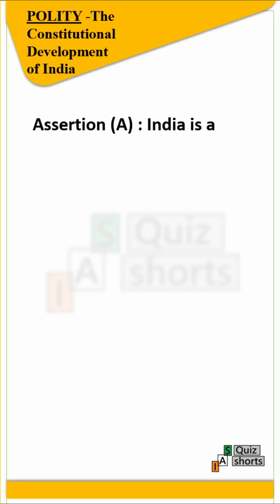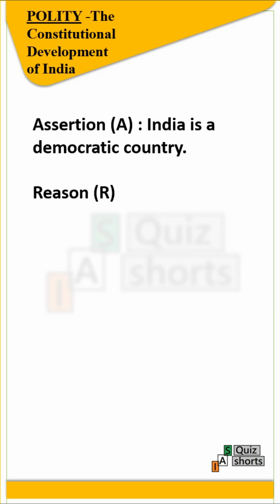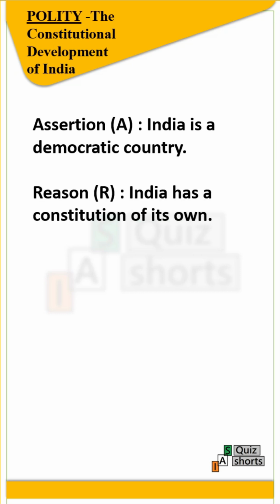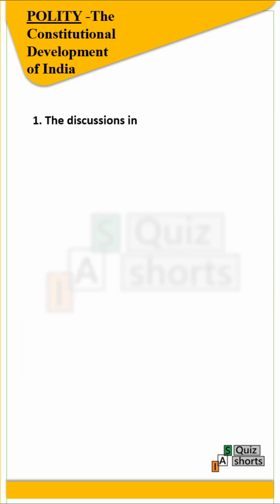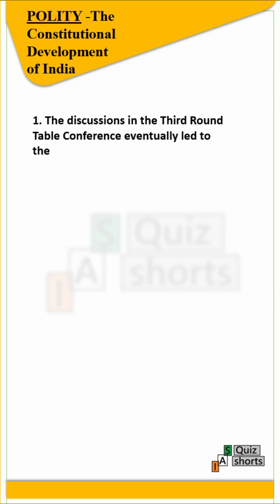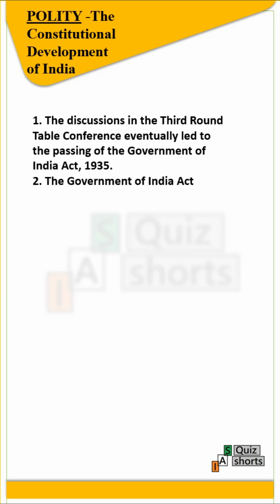Assertion: India is a democratic country. Reason: India has a constitution of its own. Answer is option B. Both A and R are true, but R is not the correct explanation of A. Statements: The discussion in the third roundtable conference eventually led to the passing of the Government of India Act 1935.